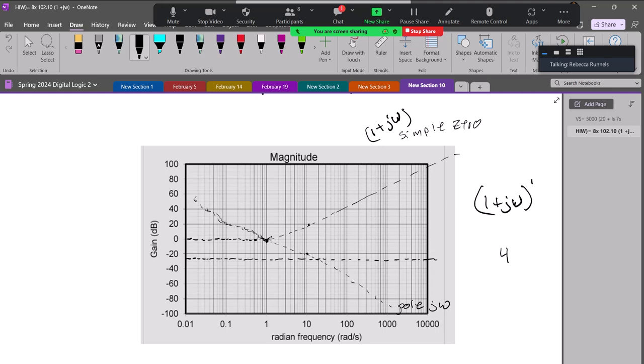It's the slope, because it's a pole, it's negative, and it'll be negative 40 because it's quadratic.